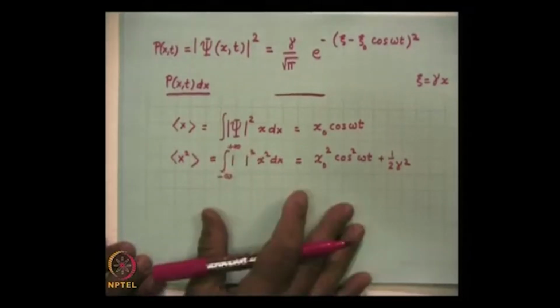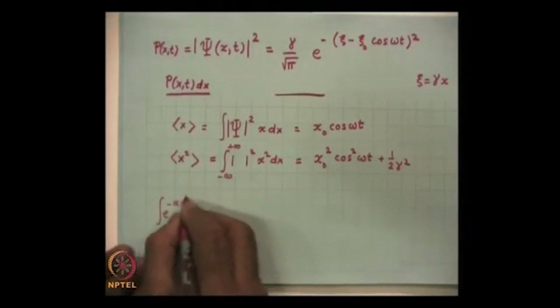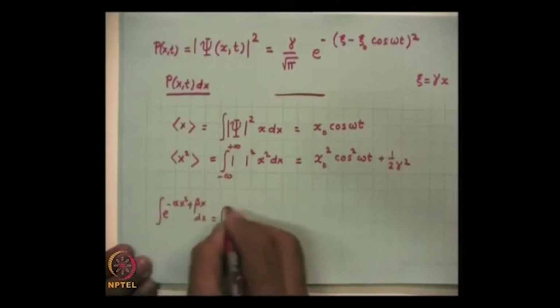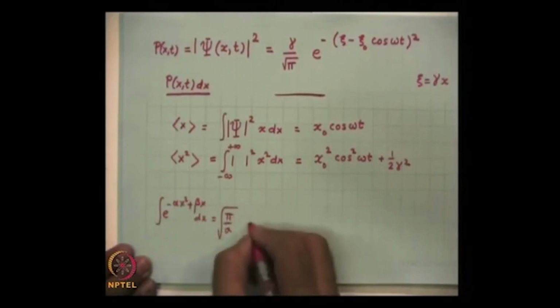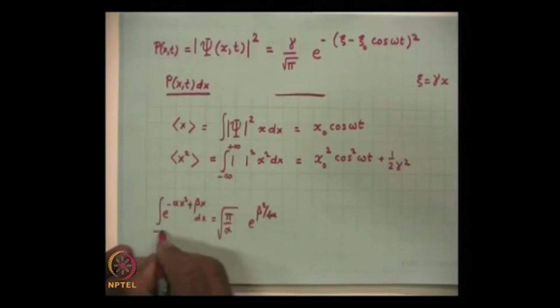This is very straightforward, and you only have to use the integral of e to the power of minus alpha x square plus beta x dx, the same integral that I had mentioned a couple of times before, which is root of pi by alpha e to the power of beta square by 4 alpha.